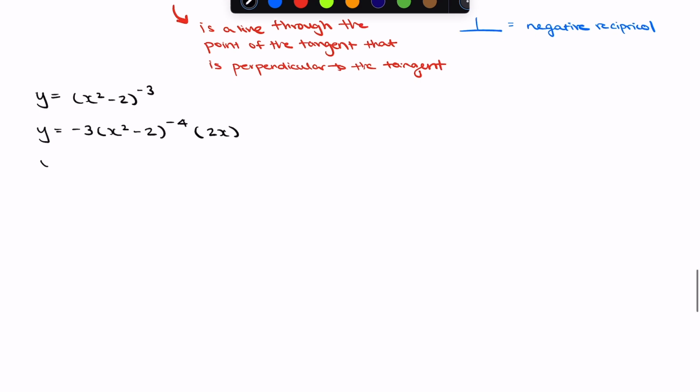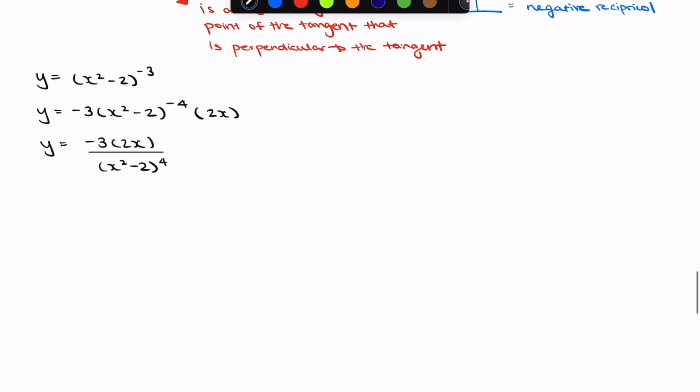So here we get y prime is equal to -3 times 2x over (x squared minus 2) to the power of 4. This is the derivative here, and we're going to sub in.